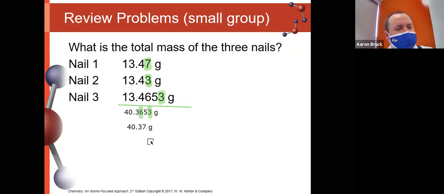So the reported value here would be 40.37 grams. And this would only have the one uncertain digit. That one uncertain digit is this 7 right there, in the 100ths place, just like we saw with the first 2 nails.